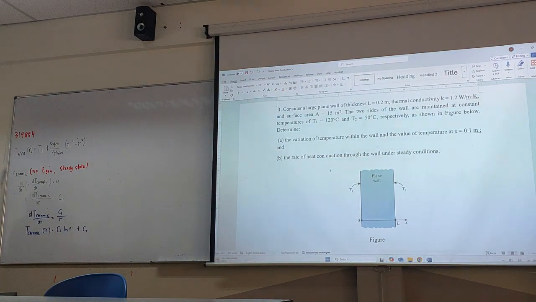So you have two conditions. When there is R1, the temperature is T1.